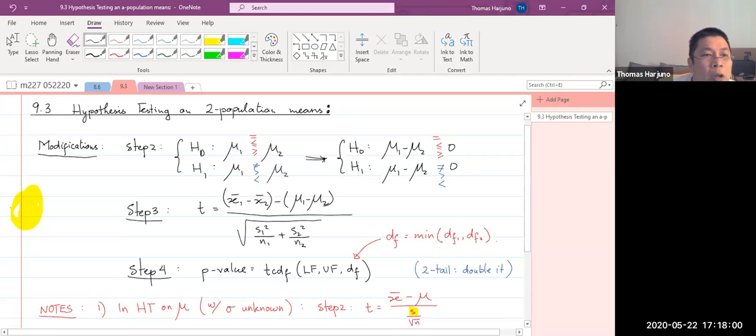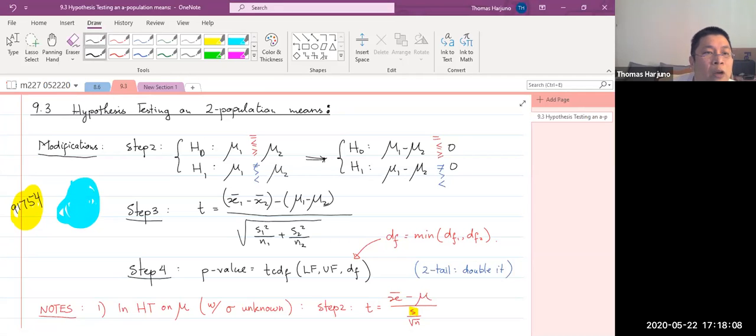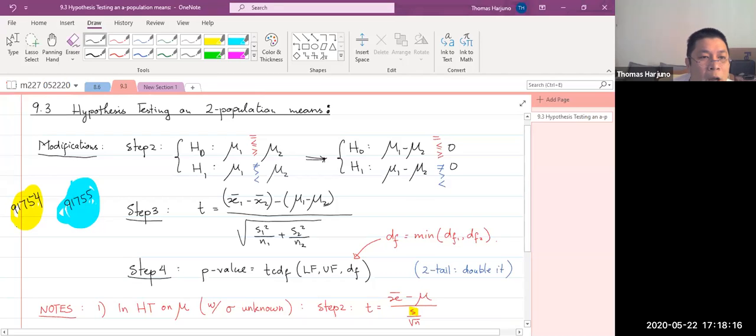One population is zip code 91754 and another population is zip code 91755. Okay, that's just zip code. From there, I want to see if the household income here is less than the household income here. I get the samples, and from those samples, I get the sample size for each population and the sample mean for each population.